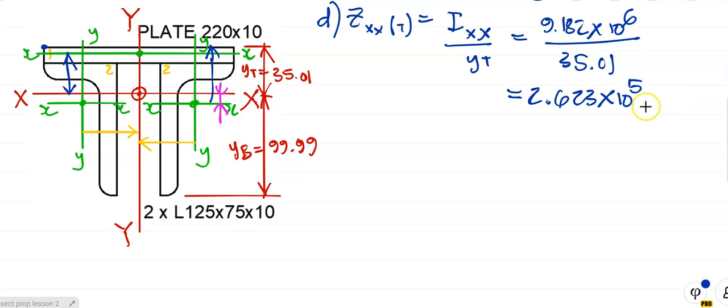And what's the units? If you leave it out, I take a mark off. It's not millimeters, it's not millimeters squared, it's not millimeters to the fourth, it's millimeters cubed. It's not a volume, but it pans out as millimeters cubed.